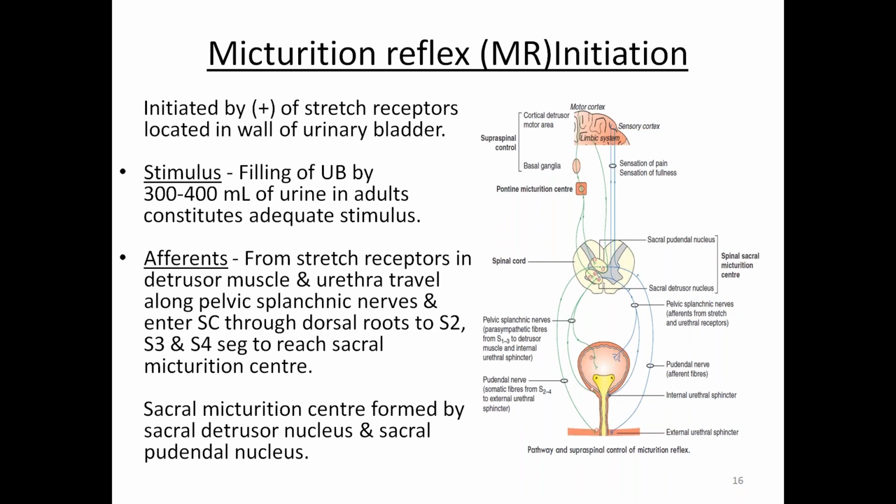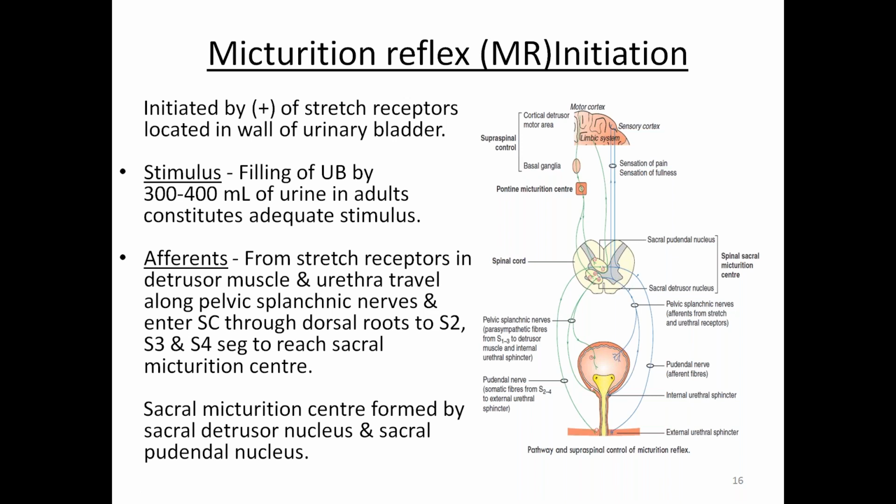Now the efferents arising from this area, the sacral detrusor nucleus, are the preganglionic parasympathetic fibers, which relay near the bladder or within the bladder and urethra.